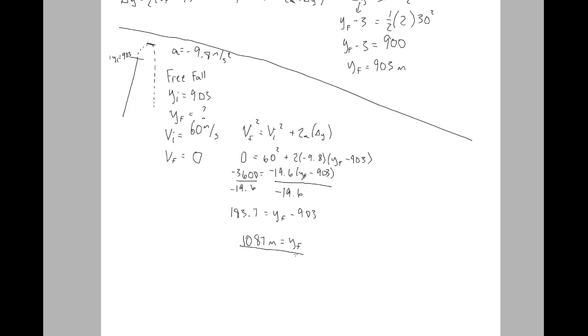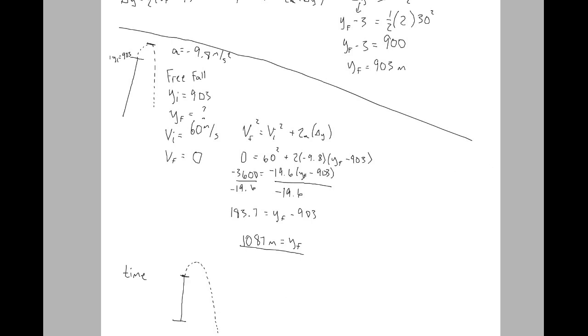Now, what if I asked you how much time I spent in the air from liftoff to splatter? Well, we would again look at it in 2 phases. I would look at my boost phase, and then I would look at my free fall phase.